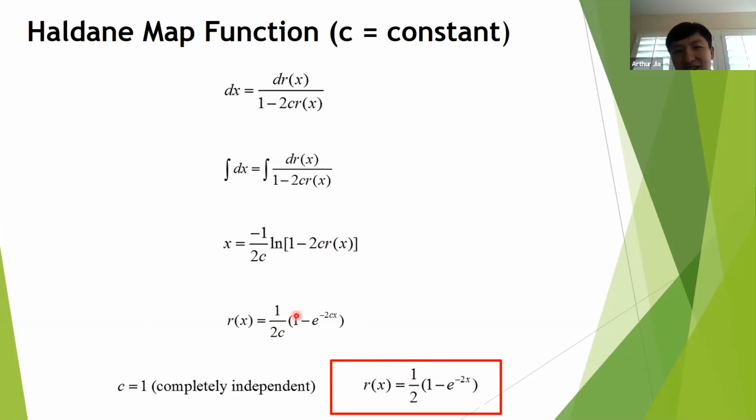He assumed C equals 1, which means I equals 0, which means there's no interference at all, which means totally independent. This works for some cases, but not all, because in reality, in most situations, you're going to see some level of interference between two crossing overs.